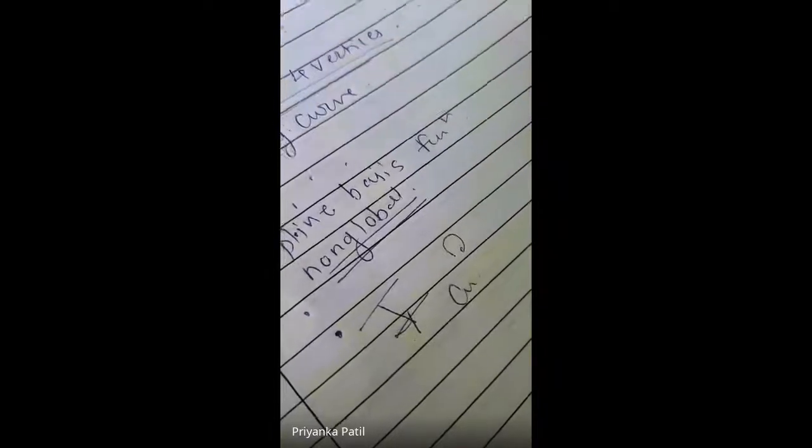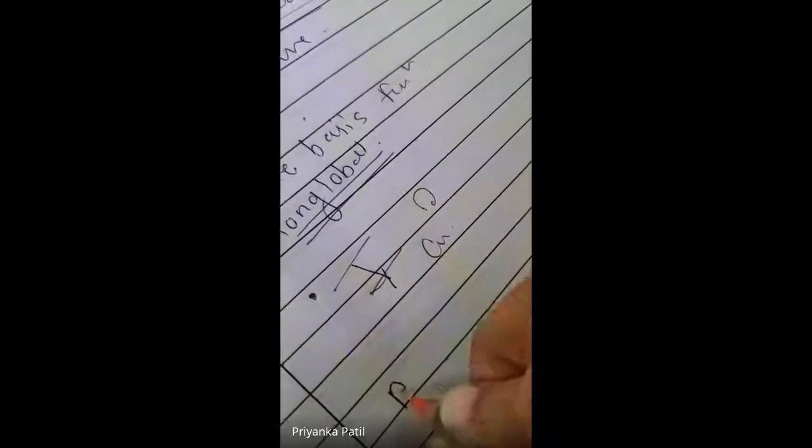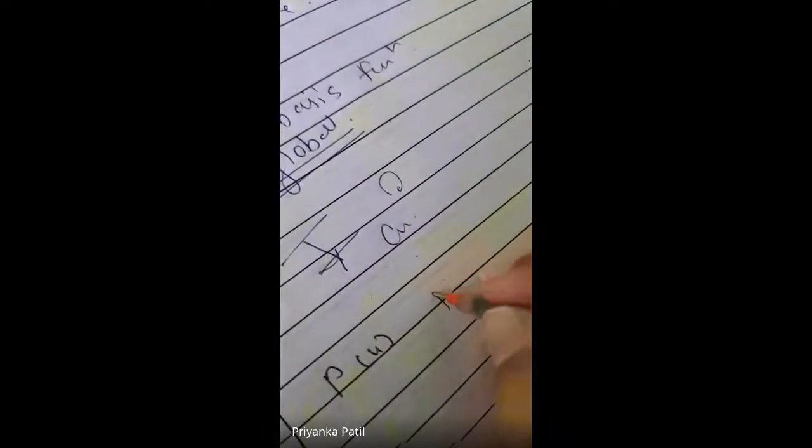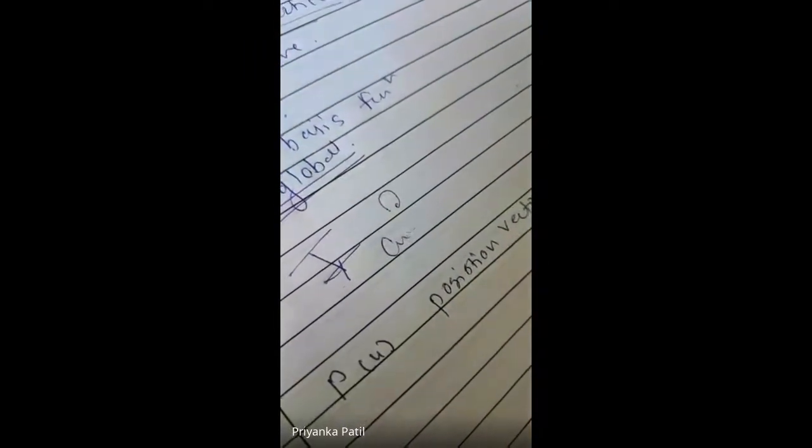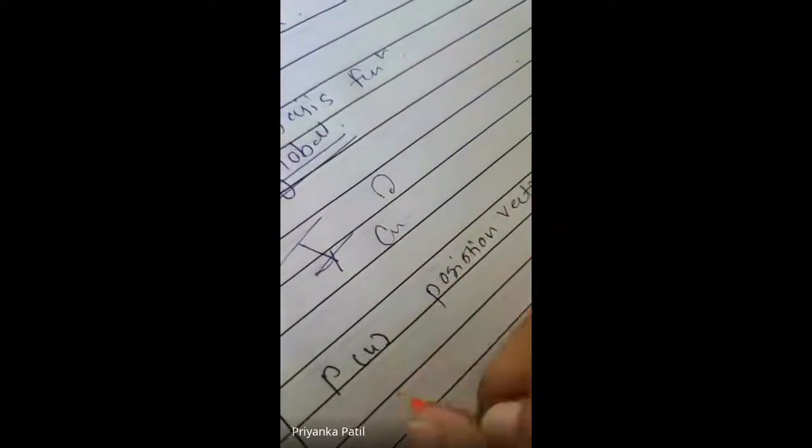So if we consider P of u to be the position vector, this is your position vector along the curve as a function of the parameter u.